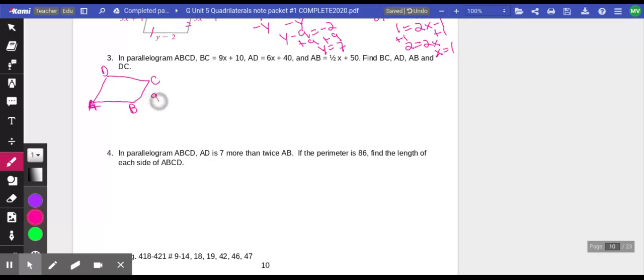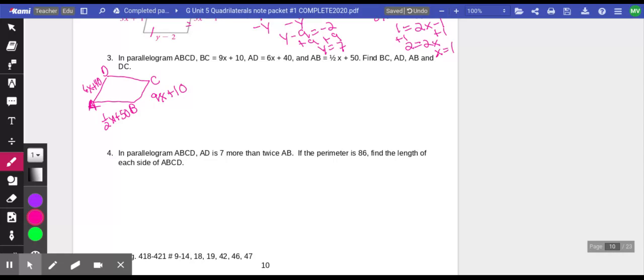So that says BC is 9x plus 10, AD is 6x plus 40, AB is half x plus 50. Find BC, AD, and AB. So find all the sides.